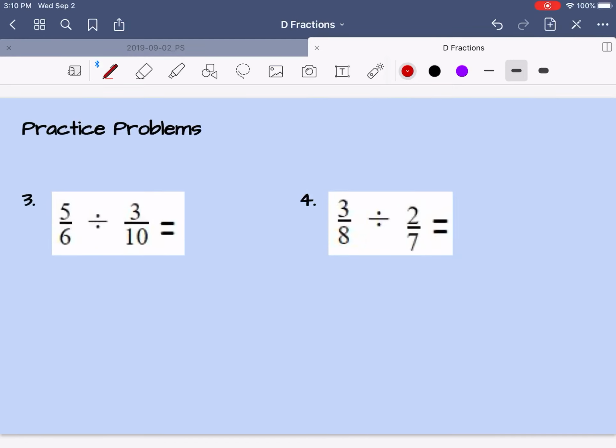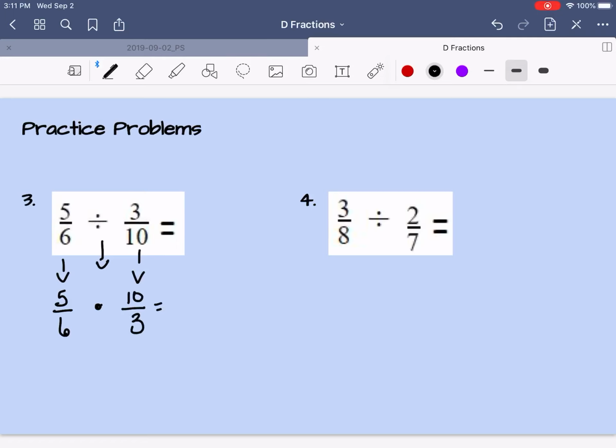Okay. Once again, go ahead and pause the video while you're writing down the practice problems, and then either do them on your own and check your work with the video, or let the video play and you can work as we go along. Okay, so again, we're going to keep, switch, flip.